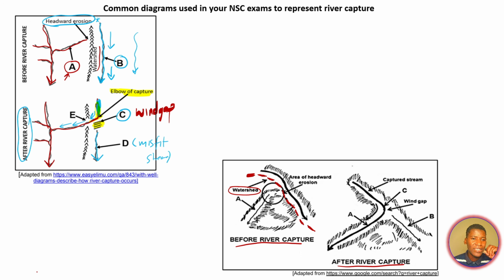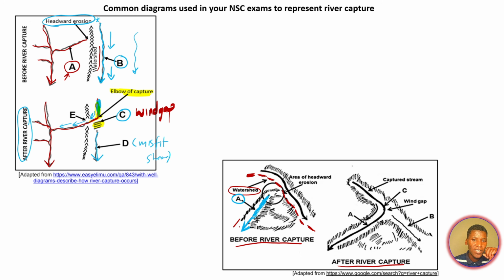So in this case, which ones are the rivers that we're having in question? Looking at this, we have got the label A. The label A is showing a river, the one that I'm highlighting in blue, and its arrow shows the direction of flow of the river.